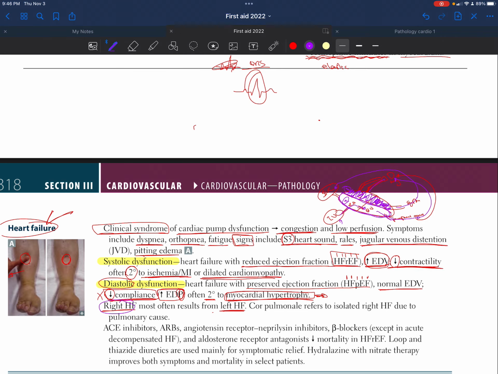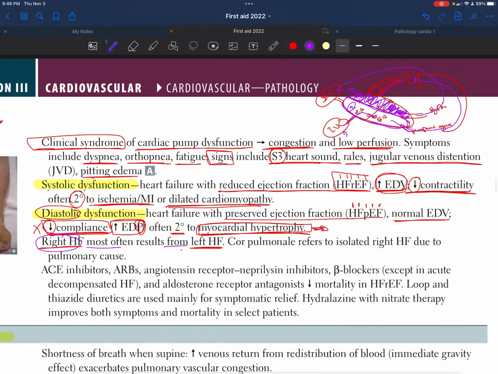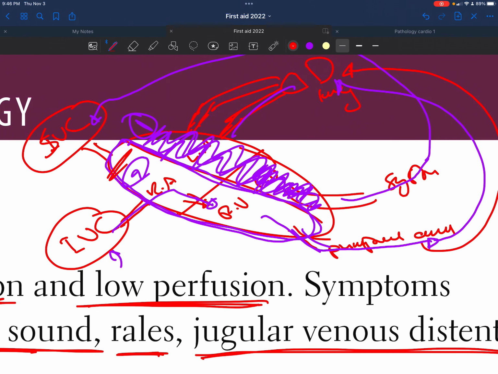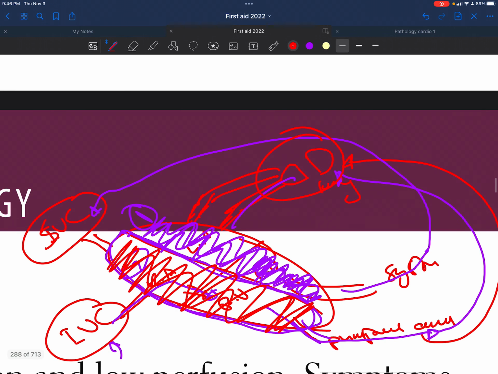Right heart failure most often results from left heart failure, but we also have a condition called cor pulmonale. Cor pulmonale refers to an isolated right heart failure. So a problem over here is only due to the right heart failure, and it happens because of the lungs. Our main problem here is the lungs.